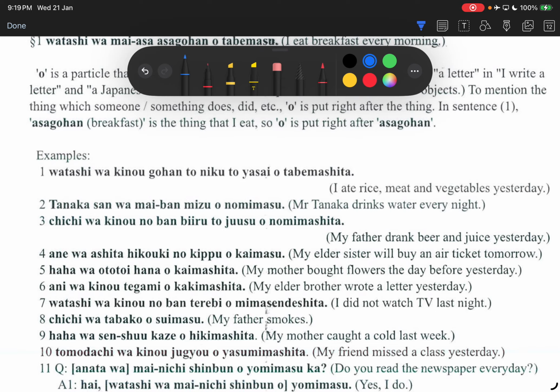Number 9. 母は先週, sorry, 先週 is last week. 風邪をひきました. So ひきました, if you look at the vocabulary list, it just means pull, right? However, in Japanese, it's a very weird way to say I caught a cold. Okay, in English we say we caught a cold, right?